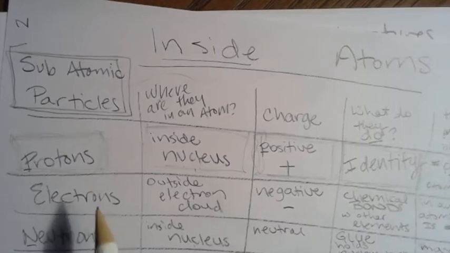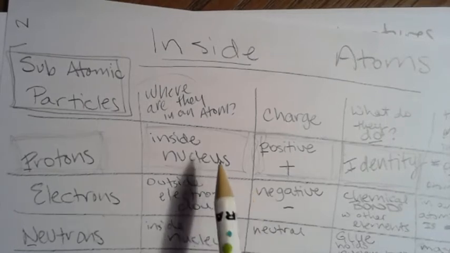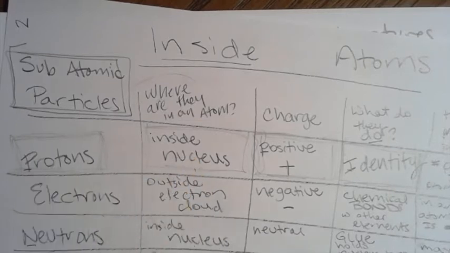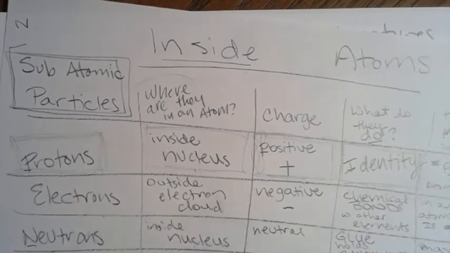We've got three types of particles: protons, electrons, and neutrons. And the second column is, where are they in the atom? Two of these particles are in the nucleus, in the very center. Those are the particles that are in the nucleus of your Bohr structure as well. That makes sense.